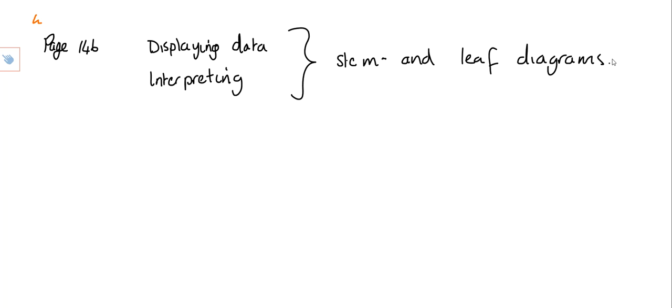Let's have a look. So what I'm looking at then, I'm just going to run through with you. We've got exercise 6b, and we're looking at question 4. So basically we've got some data, okay? I'll write this out.